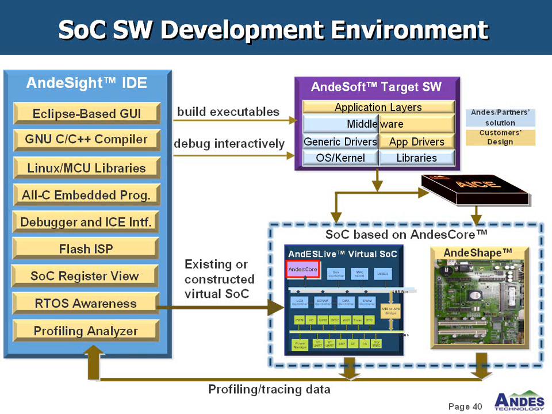Now let's review NDesign. NDesign has an Eclipse GUI. It is a graphical user interface. Users can edit code in this GUI. NDesign has GNU C and C++ compiler. Users can set compiler options and compile code in NDesign. NDesign also has Linux and RTOS libraries.